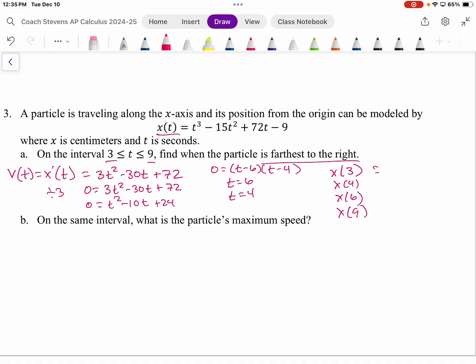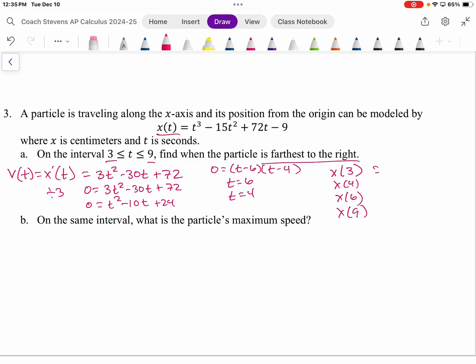Okay, so y1, we're going to type in x cubed, and then it's minus 15x squared plus 72x minus 9. All right, so I got that in there. Second window, go down to independent, tell it to ask.